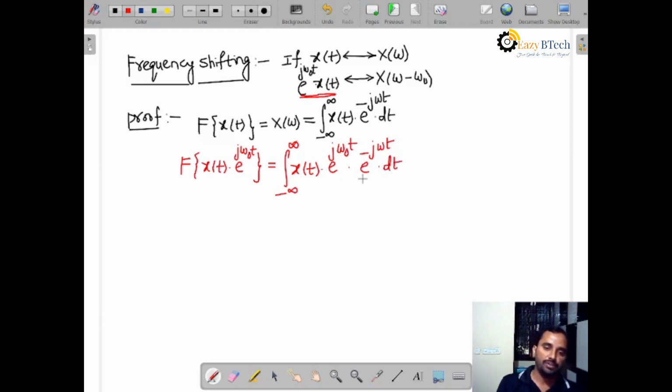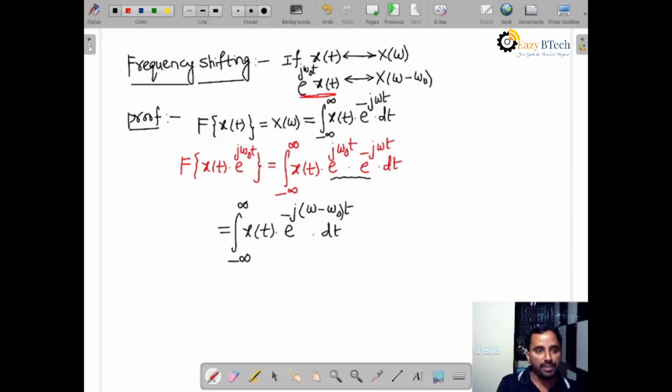Here we have 2 exponentials, so we add the powers. That gives the integral from minus infinity to plus infinity of x of t e to the power minus j, taking minus j common, then omega minus omega naught, and t also common, dt.